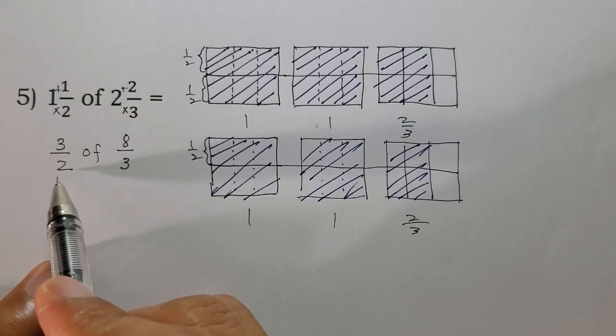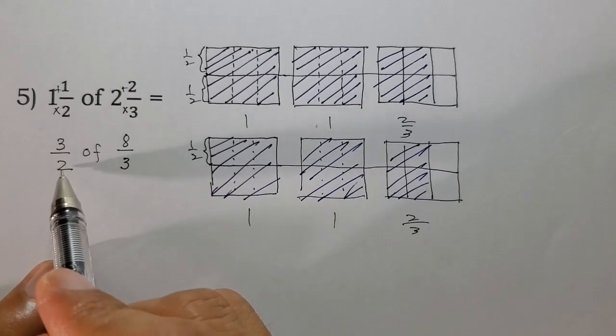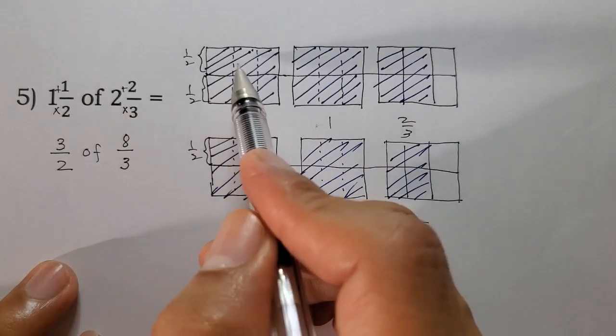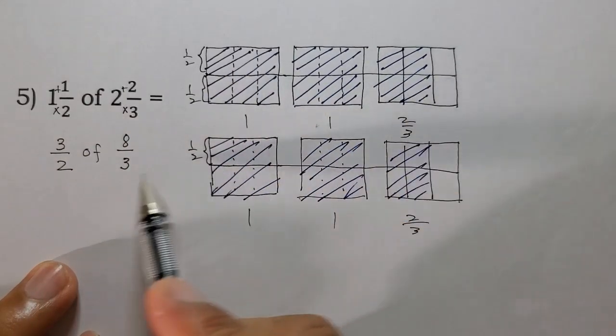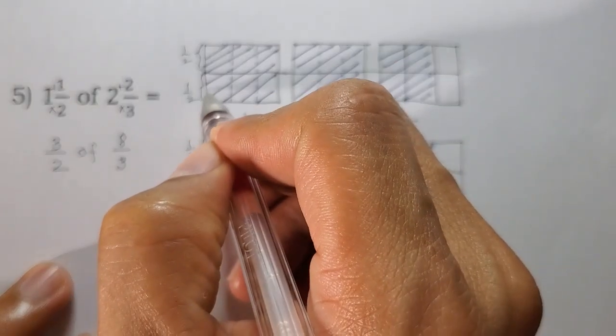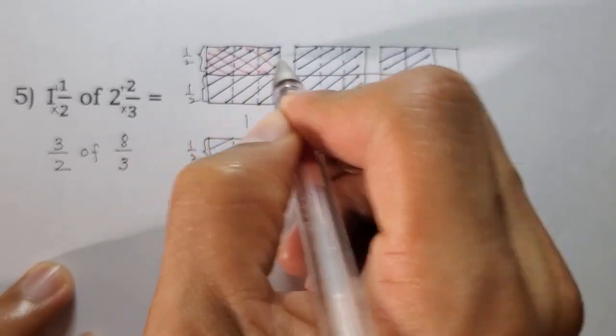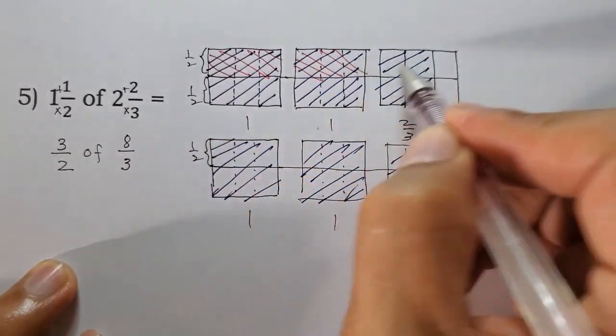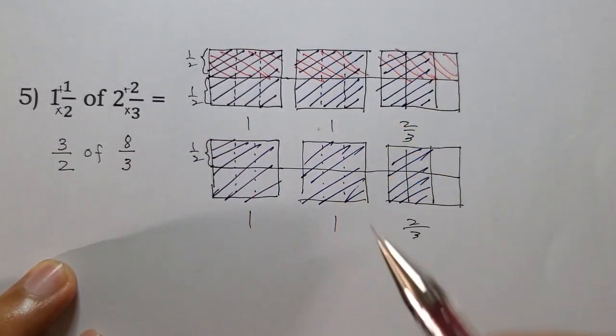Because when you say 3 halves, that is 3 1 half. Tatlong 1 half. So this is 1 half, another half, and of course, to complete 3 halves, I have to make another half. Okay? So this time, I will shade my 3 halves. So I will have to shade this portion, and this portion. That's half.